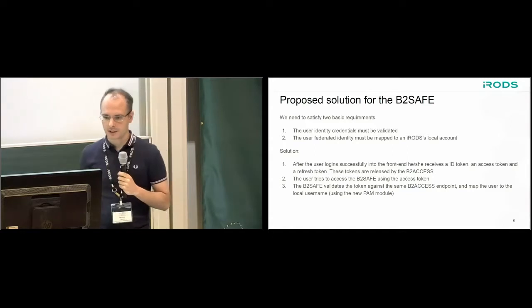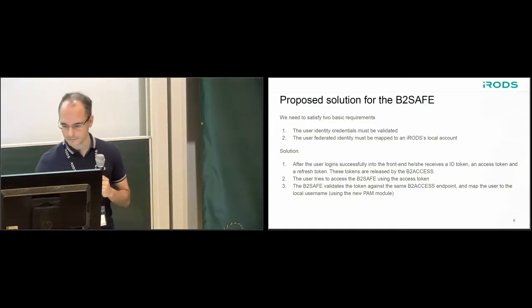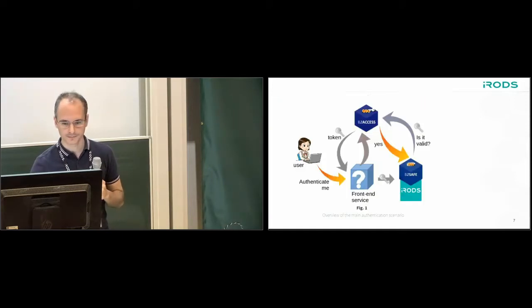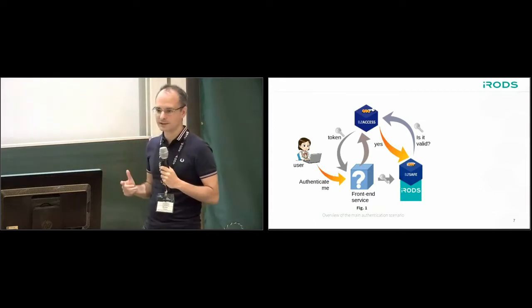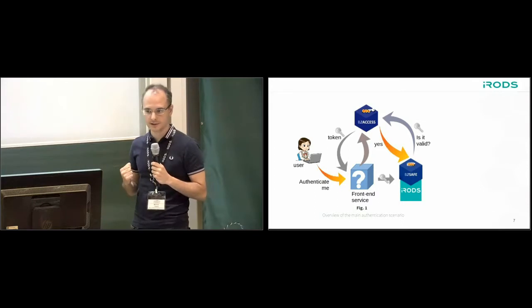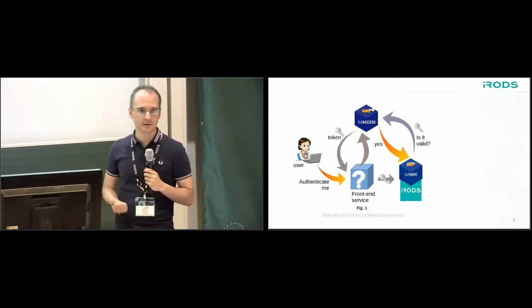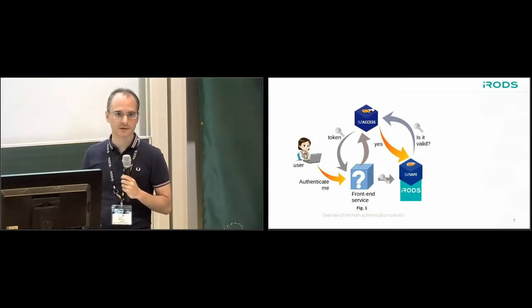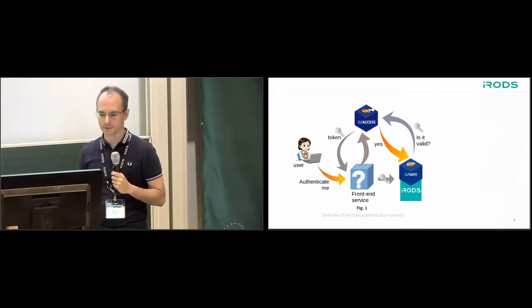So we need, in this case, the B2Safe to be able to validate the token. Then the user is mapped locally. This is more or less the schema. So the user authenticates to the front end, gets the token, is redirected to the B2Access, gets the token, uses the token to access the B2Safe, and validates the token towards the B2Access introspection or validation endpoint, like the OIDC protocol permits to do.